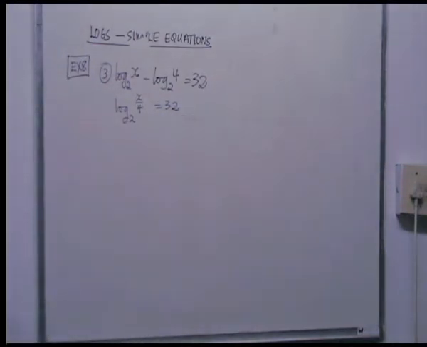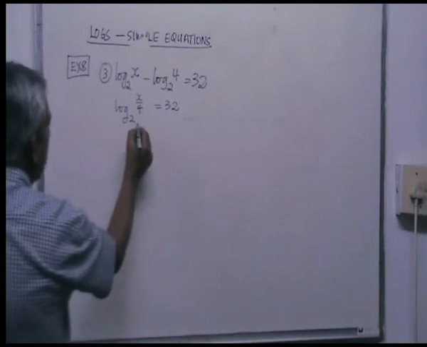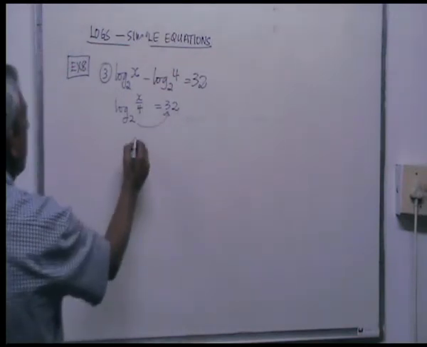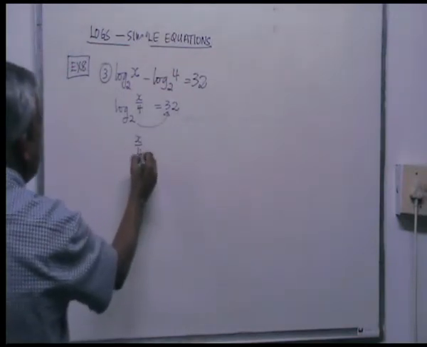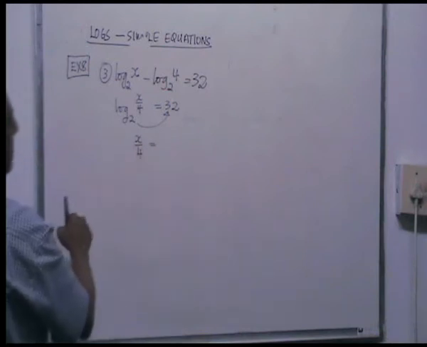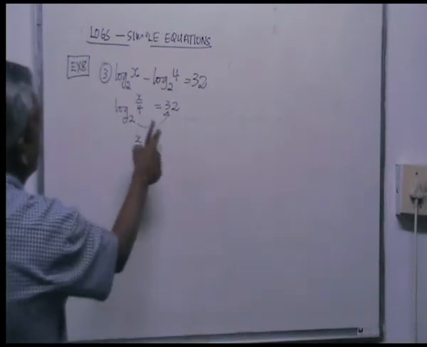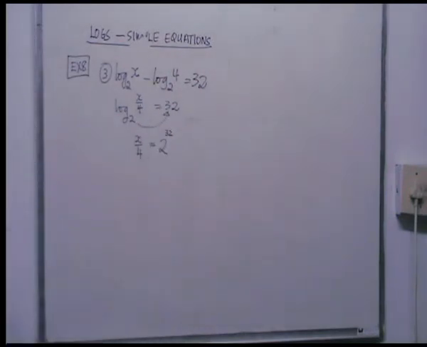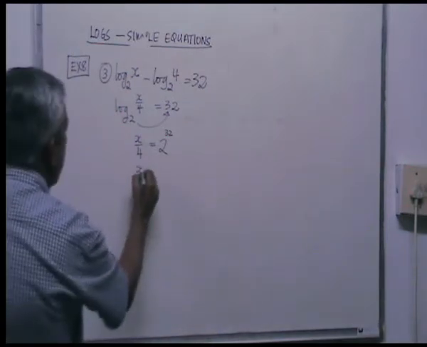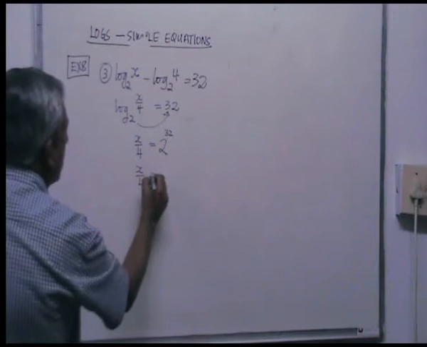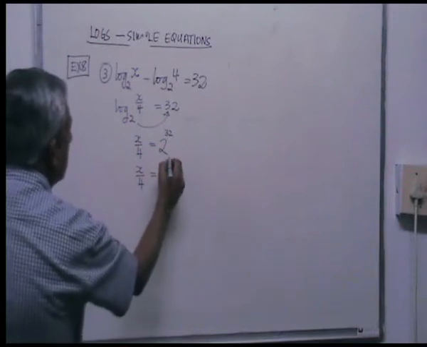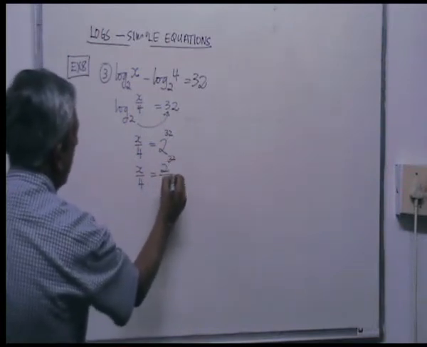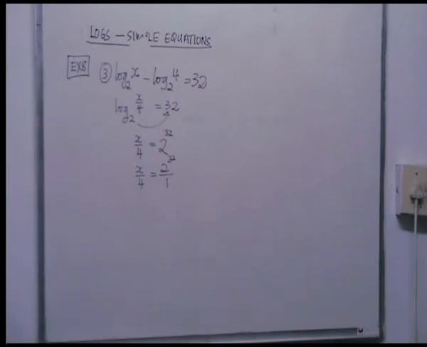Right. Now it's in log form, and you may decide to change it to index form. So you'll say x over 4 is equal to 2 to the index 32, because I'm changing it. Now, when you look at this, that's x over 4 is equal to 2 to the 32 all over 1.